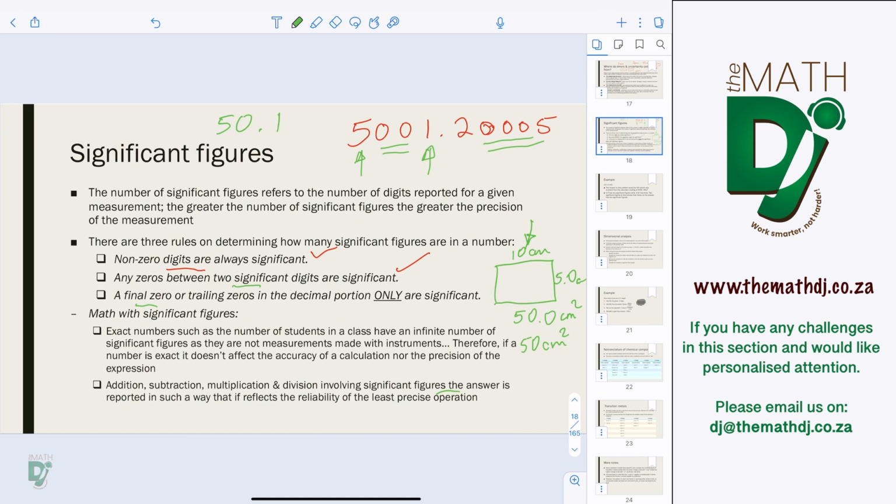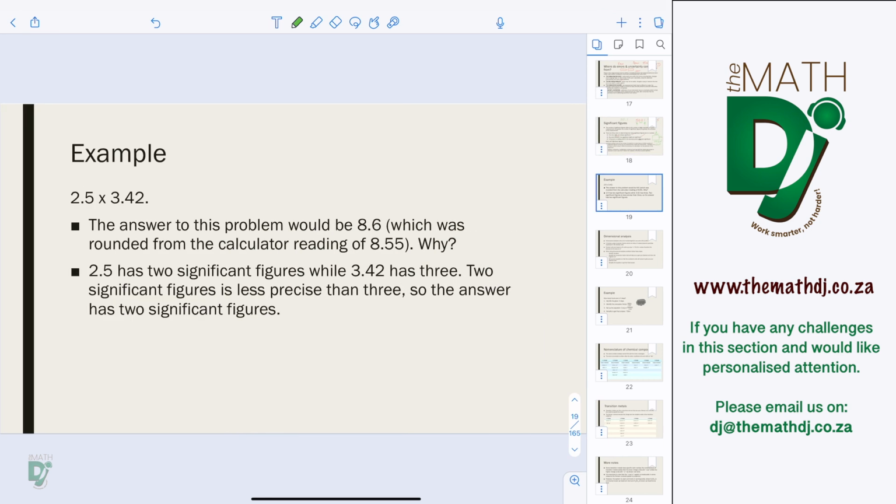Let's give you an example. 2.5 times 3.42. The answer to this problem will be 8.6, which was rounded from the calculator reading of 8.55. Since 2.5 is the least precise reading, and 3.42 is more precise because it gives you an extra decimal place, you use the less precise one.